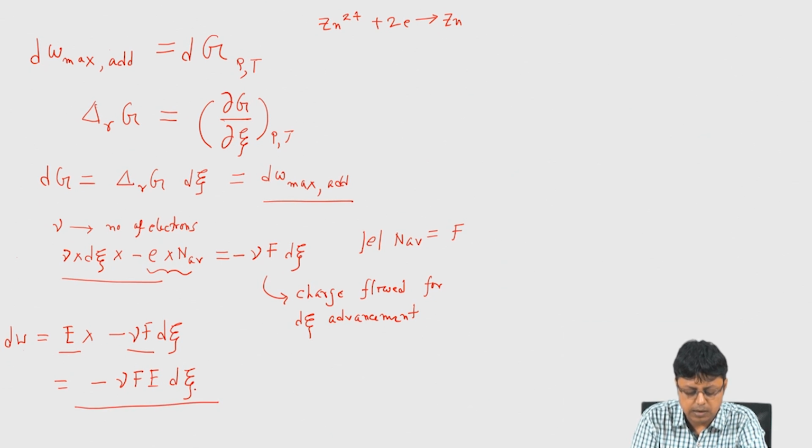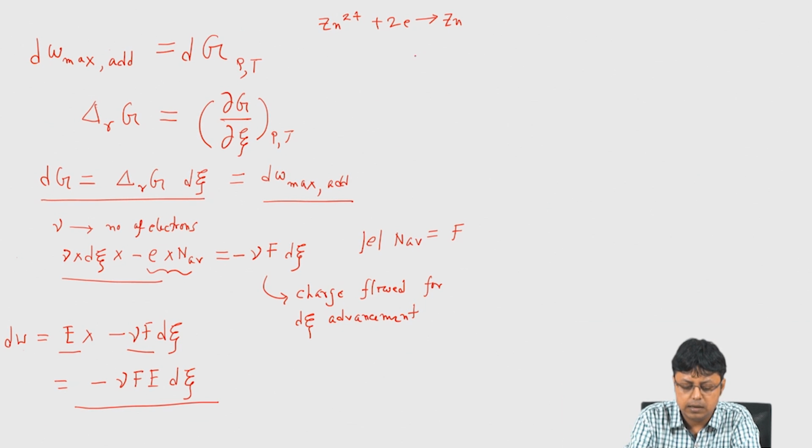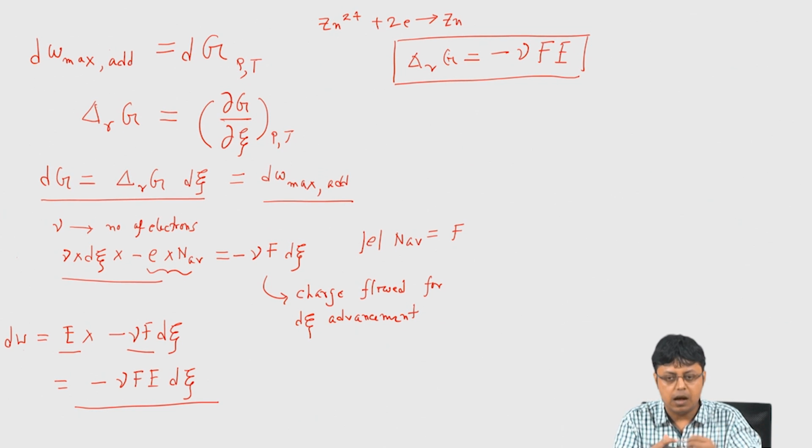Now, you see the work done expression here and compare it with the work done expression there. By comparing these two equations, we can easily write that the reaction Gibbs free energy is nothing but minus nu F E, where E is the potential drop that we can actually measure. For any half reaction, you can also define a standard state, just like we defined the standard state when we discussed free energies.